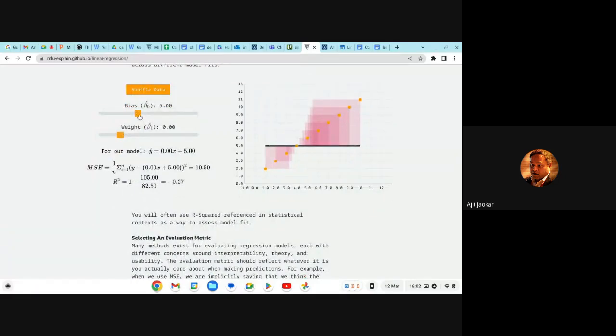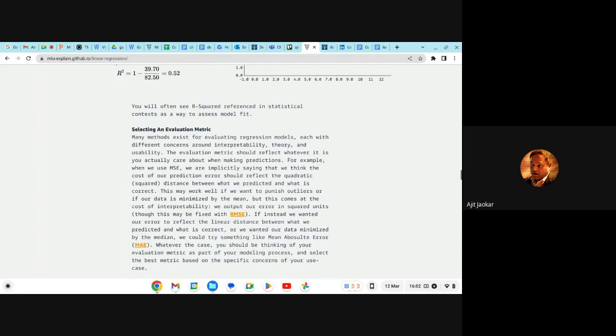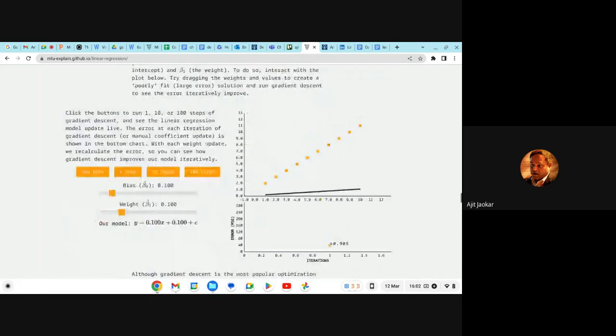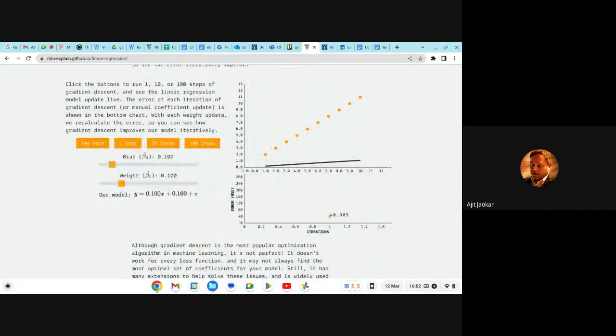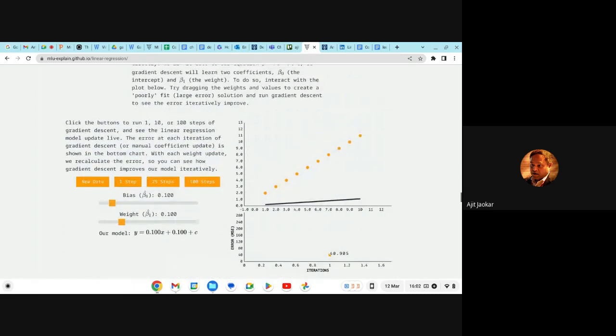So for example, if you shuffle the data using some of these parameters, what you are seeing here is how this changes depending on these parameters, and you can have a look at them as you develop them. Given enough examples through each of those steps, if I do this with one step, it just moves like that. 25 steps, it moves like that.